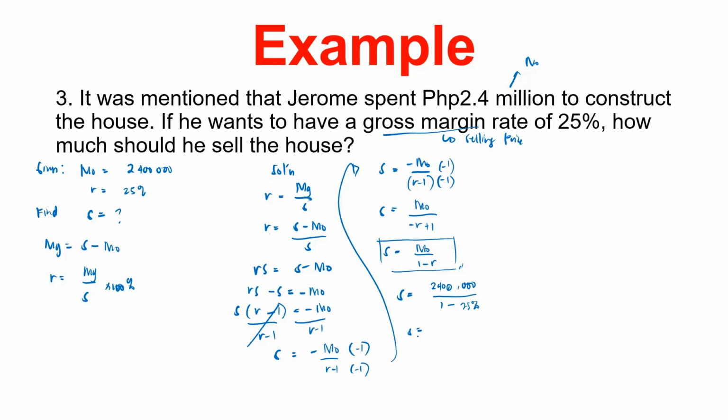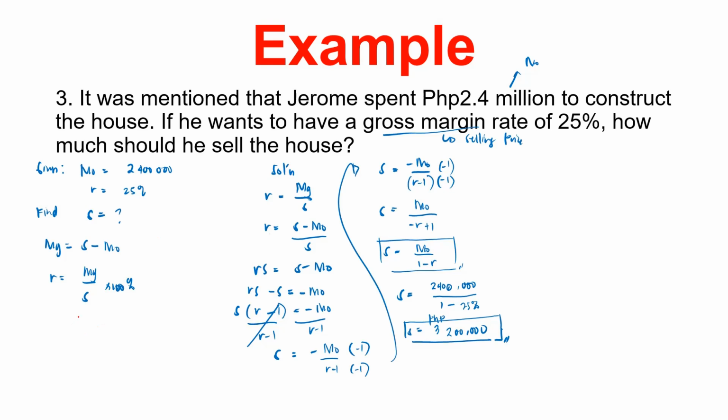Input that on your calculator, you will get 3,200,000. So the selling price with the gross margin rate of 25% is 3,200,000.